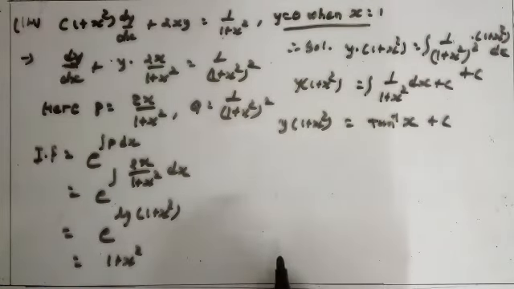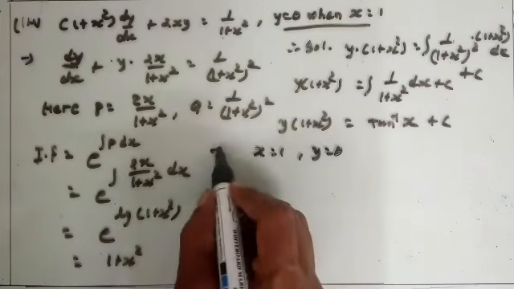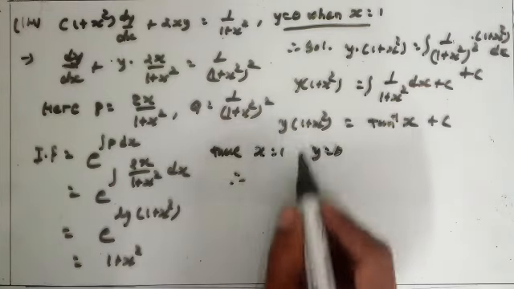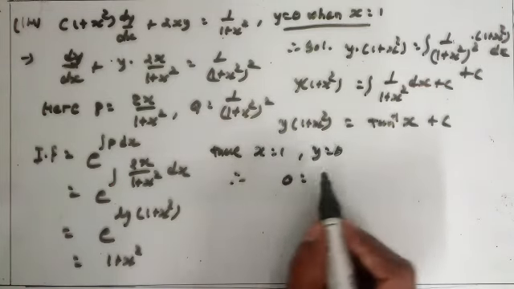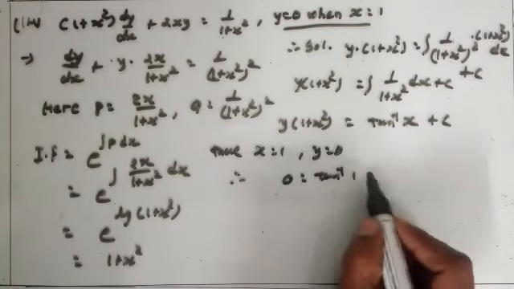Now using the initial condition we get the particular solution. Replace x by 1 and y by 0. Therefore y equal to 0, so this becomes 0 is equal to tan inverse 1 plus c.